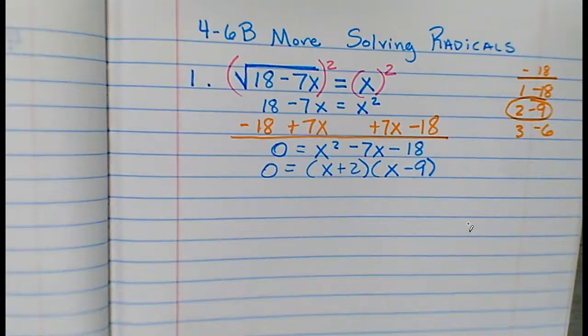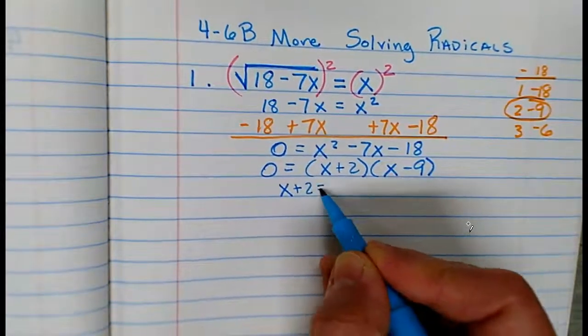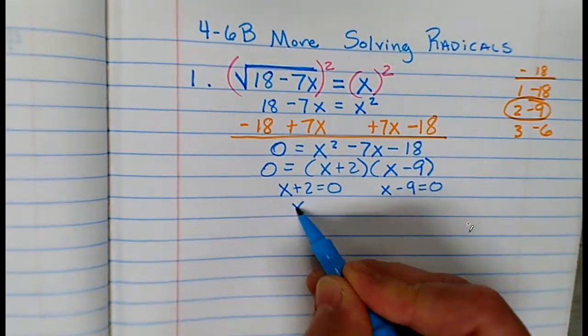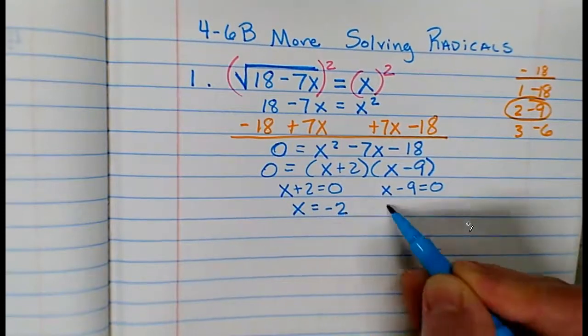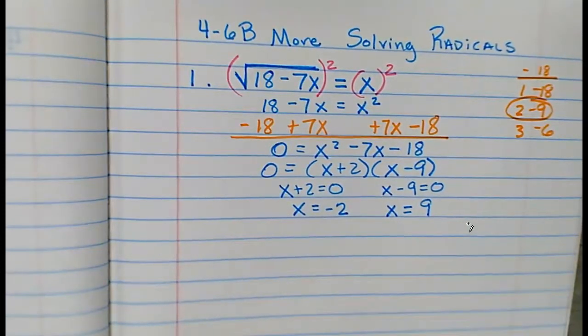And so these would add up, check my signs there, and so then x plus 2 equals 0, or x minus 9 equals 0, so x equals negative 2, or x equals a positive 9.